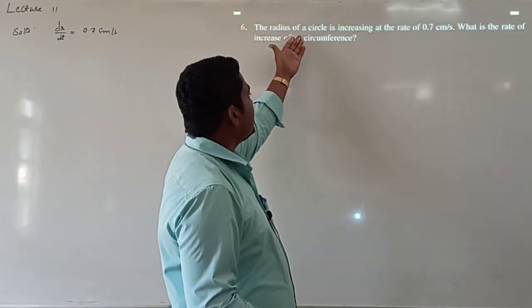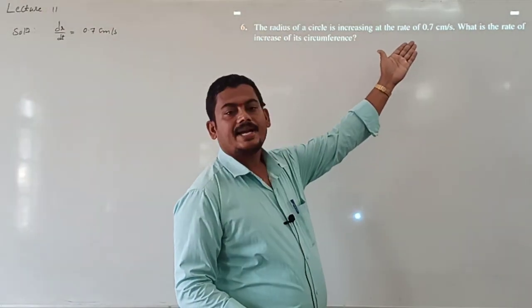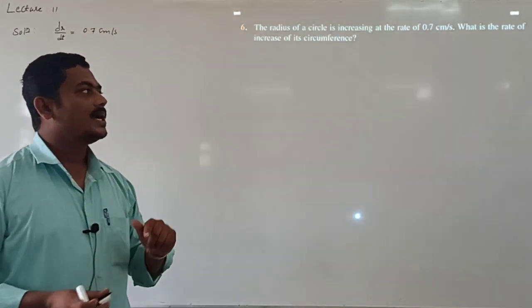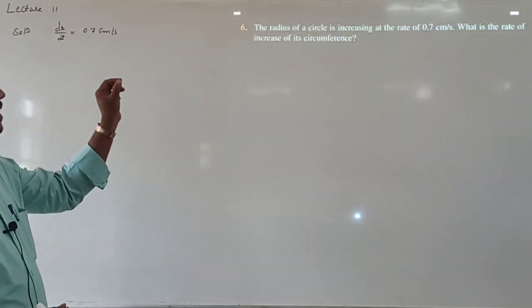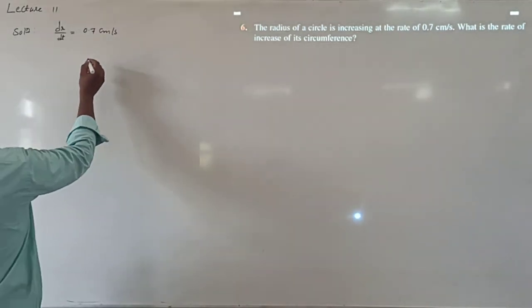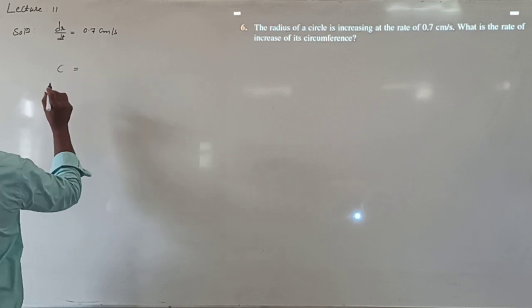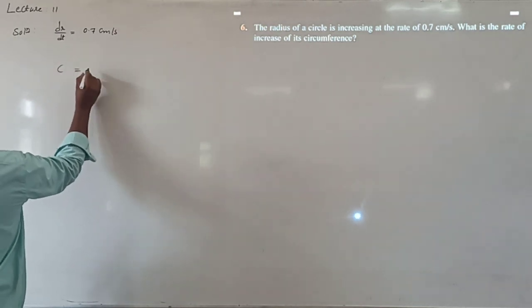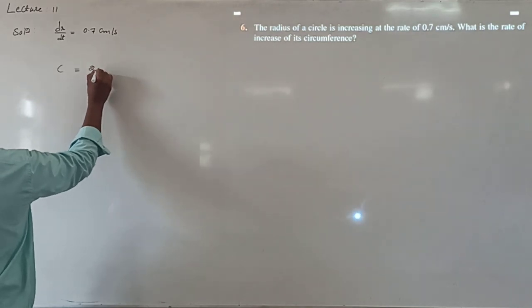The radius of a circle is increasing at the rate of 0.7 centimeter per second. What is the rate of increase of its circumference? Already you know the circumference of the circle formula. Circumference means perimeter. Circumference C is equal to 2 pi r.